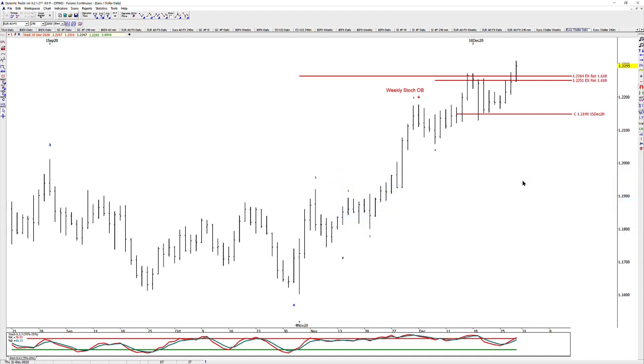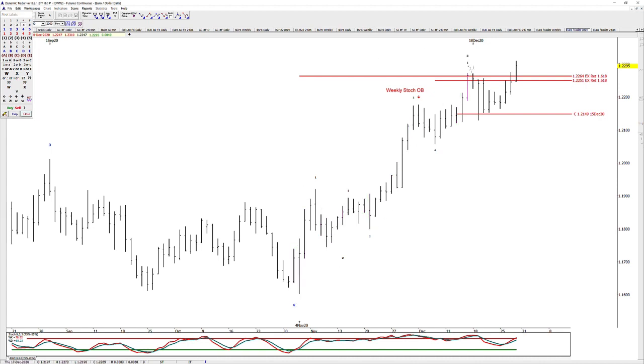Where does it look like we're at pattern-wise? If this is a 1, 2, 3, 4, this is sloppy, but we could call it a smaller time frame 5. Let's just do this and see if this doesn't fit together. That's a 5. That means it's going to be a little higher time frame 3 coming up from here.